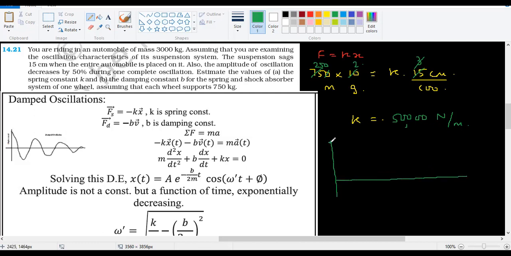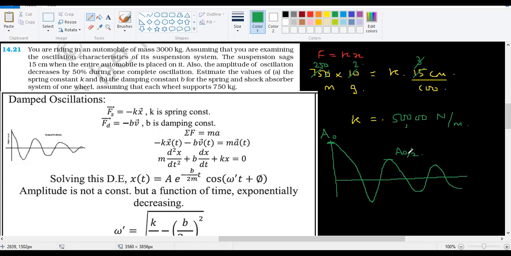So if the amplitude was here, after one oscillation, it has come down by 50%. After one more oscillation, it will come down by another 50%. Which means if this was the initial amplitude, this would be only half of A naught.